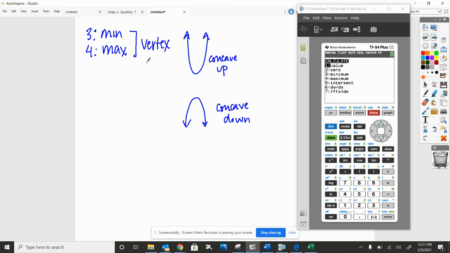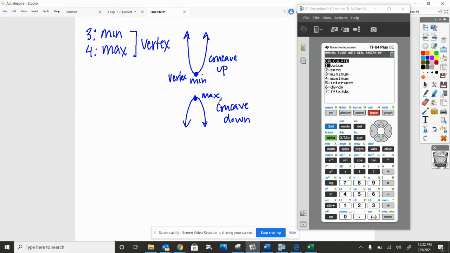But we have to make sure we pick the right one. If our parabola is concave up, we need to use the minimum function, because our vertex is a min. And if it's concave down, we need to pick max.